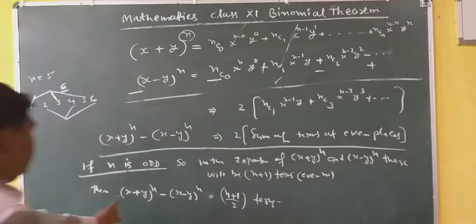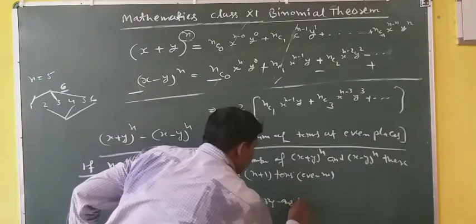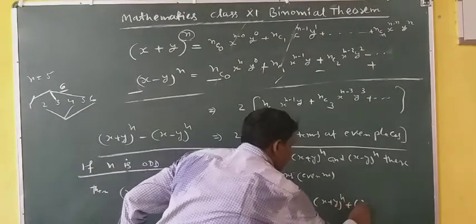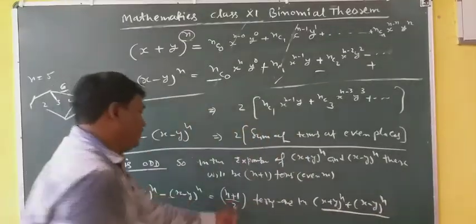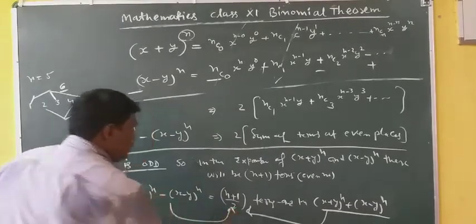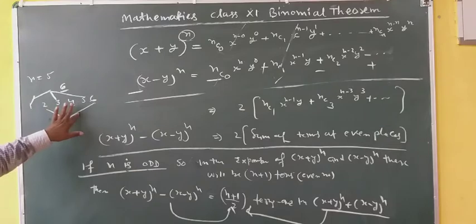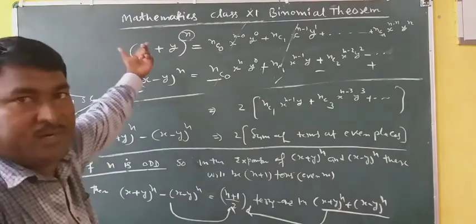And in (x plus y) power n plus (x minus y) power n, how many terms? The same, this much, and here also this much. Since at the odd places and even places, the same number of terms are there if n is odd.